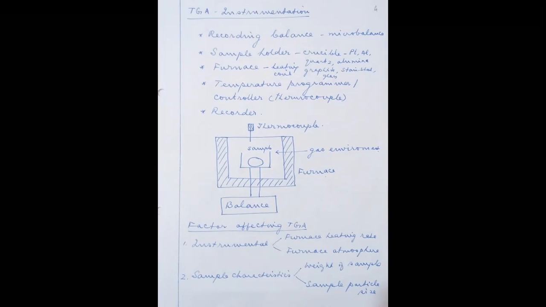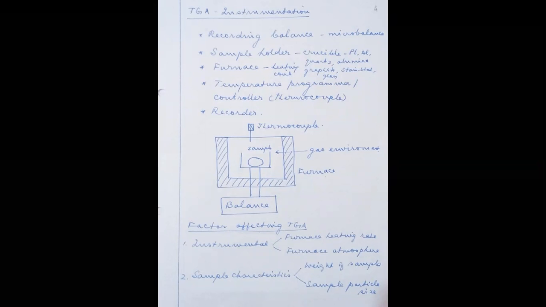If you raise the temperature of the substance at a faster rate, then we are not giving sufficient time for certain very minute chemical changes to take place. So the thermogram will accordingly have some missing components. And secondly, furnace atmosphere, I have already told you what will happen if the atmosphere is changed.